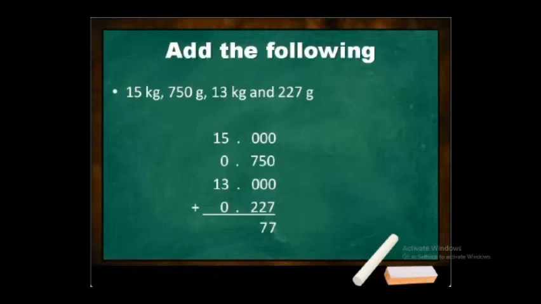Next 0 plus 7 is 7. 7 plus 0 is 7. 7 plus 2 is 9. Put a point. Then 5 plus 0 is 5. 5 plus 3 is 8. 8 plus 0 is 8. Then next we have 1 plus 1 is 2. Yes, it is 28 kg 977 grams.